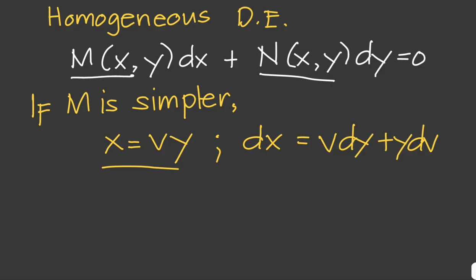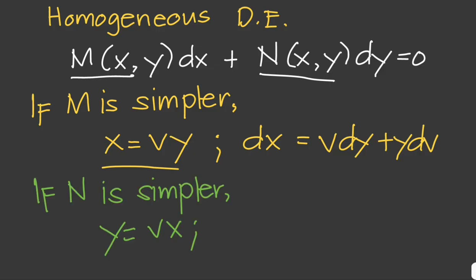So what if N is simpler? If N is simpler, we use y equals vx, and we get the derivative of y again using the product rule. So this is dy equals v dx plus x dv.